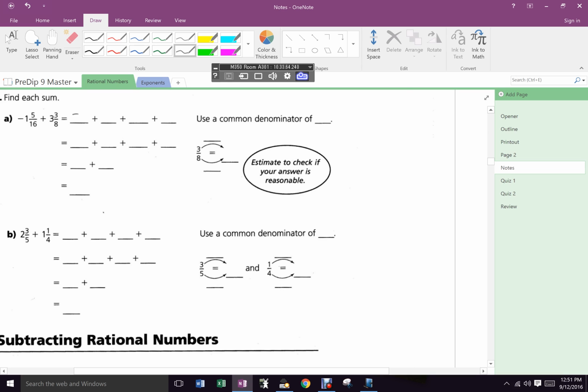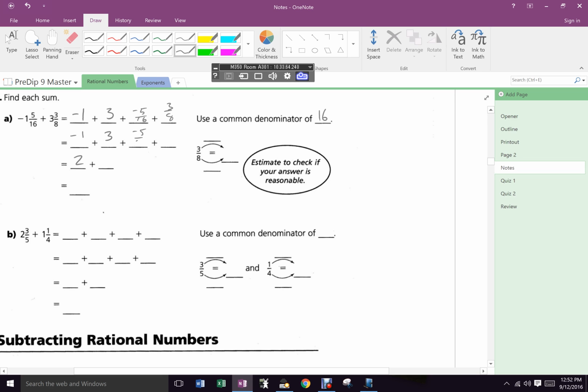Well, you would do negative 1 plus 3, and then you would do your fractions. Negative 5/16 plus 3/8. What's your common denominator? 16. So do I change the 16? No. Negative 1 plus 3 is 2.